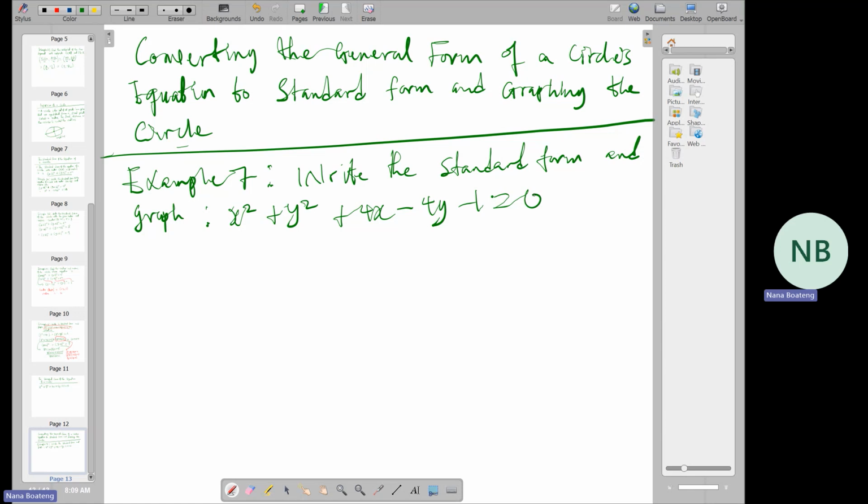All right, so first we need to write this in standard form. And in the previous example, we wrote this in standard form.